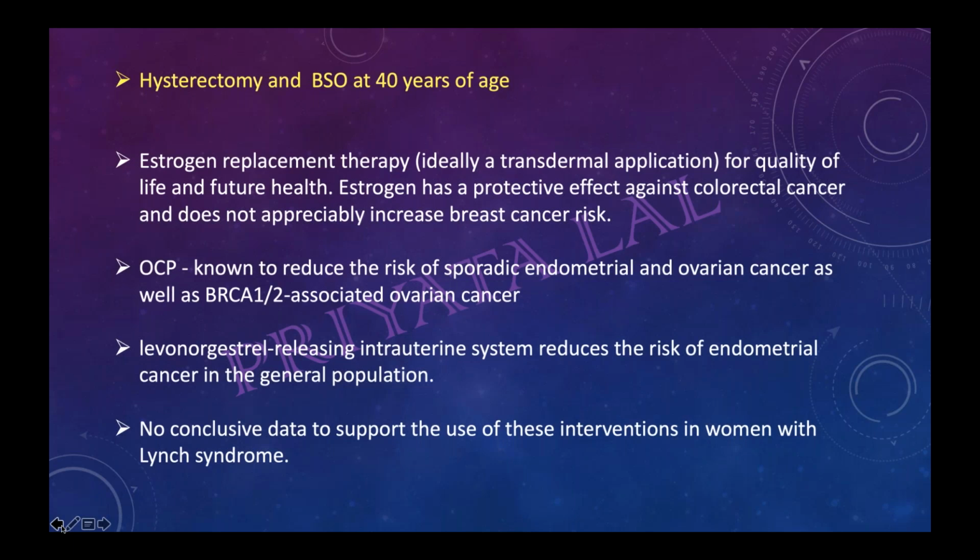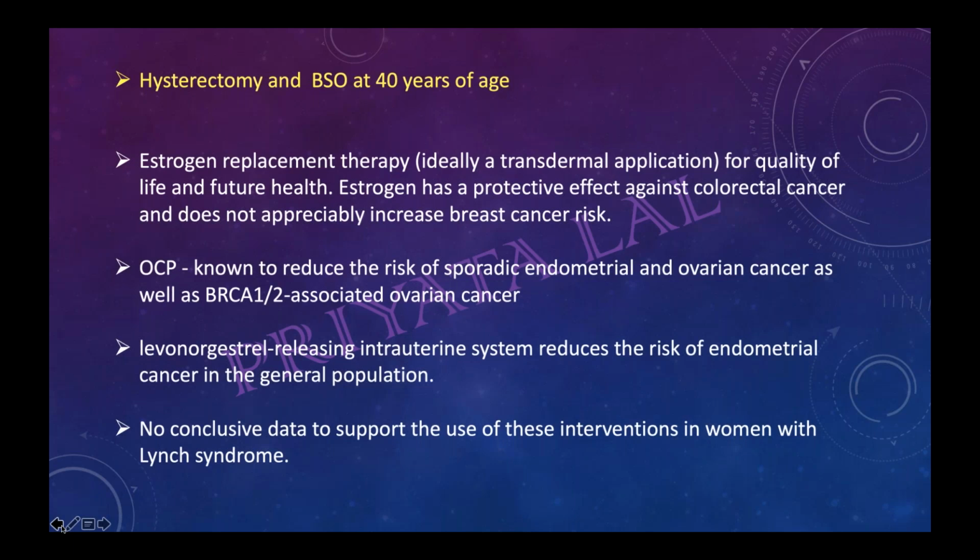Okay, now this part is finished. Come to the second part. Usually, if we offer OCP to any woman, it generally decreases the chance of sporadic, that is the general risk of, endometrial and ovarian cancer. And if a patient has BRCA1 and BRCA2 mutation and OCP is given, they will also somehow decrease the chances of ovarian cancer.